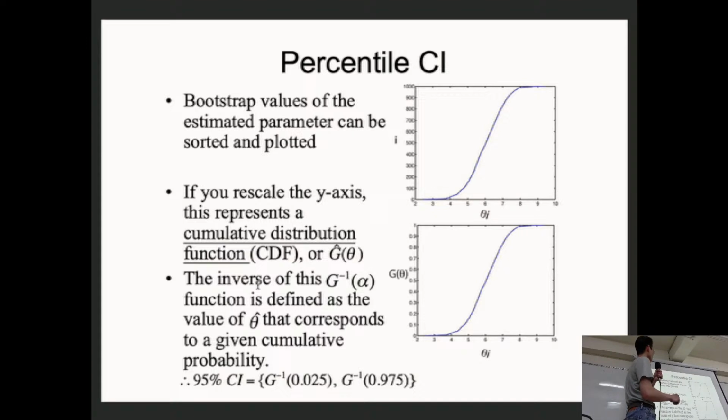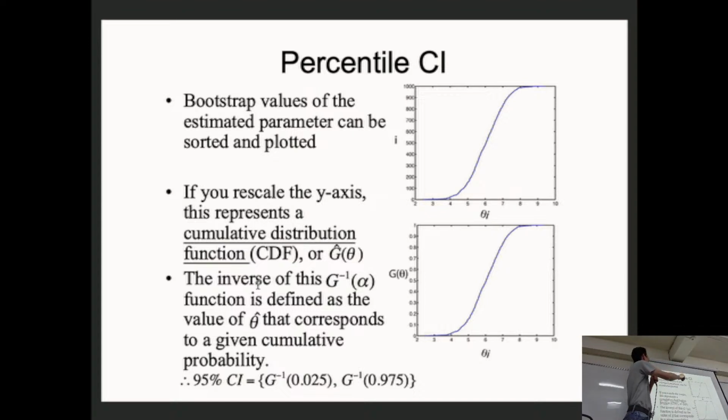So the number 1 is this value, number 600 is this value, number 1000 is this value. You can do that very easily, just rank them from smallest to largest.